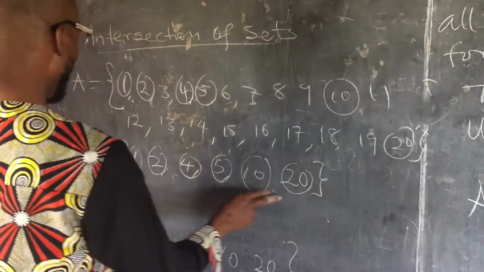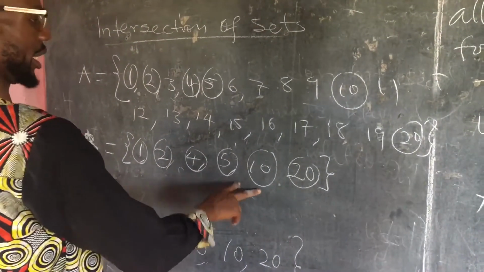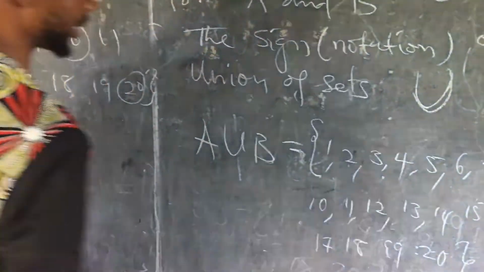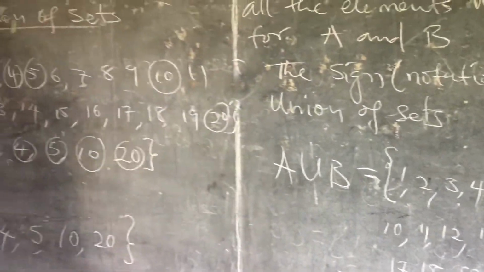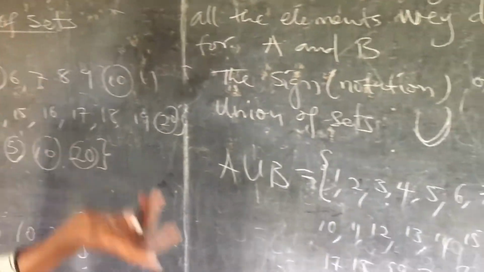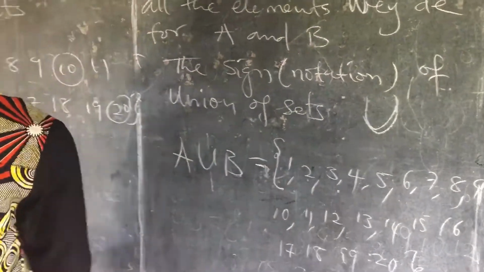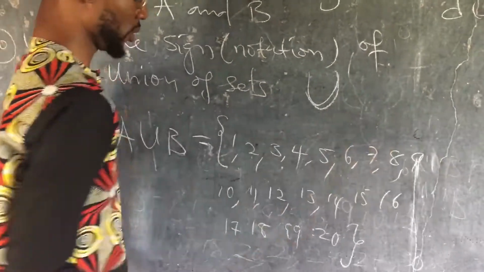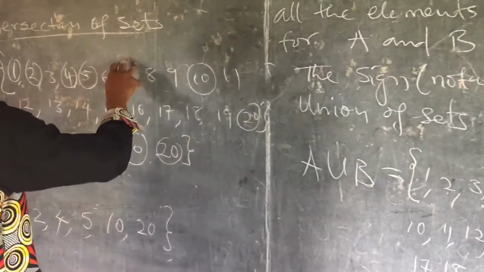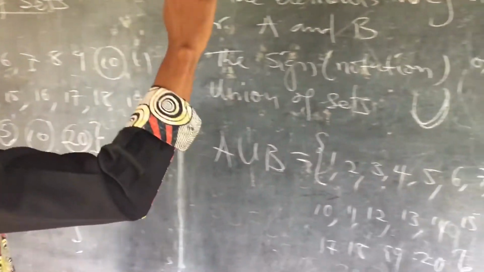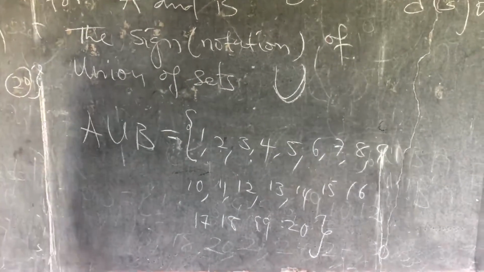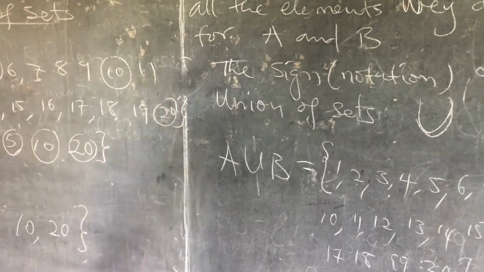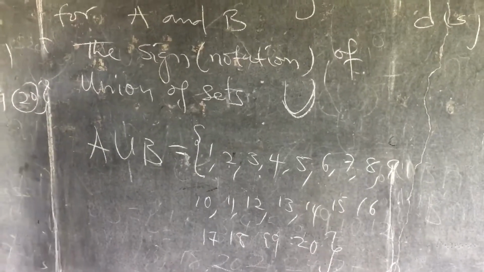Na because all the elements wey B get dey for A, na im make we write all these ones like this. Once you don pick the one, we don write am. We get 2 for here, we get 2 for here. Once we don pick the 2, we don write am. So every element wey dey here and the ones wey dey here, all of them we don write down for here. So na so we dey take write union of 2 or more sets.